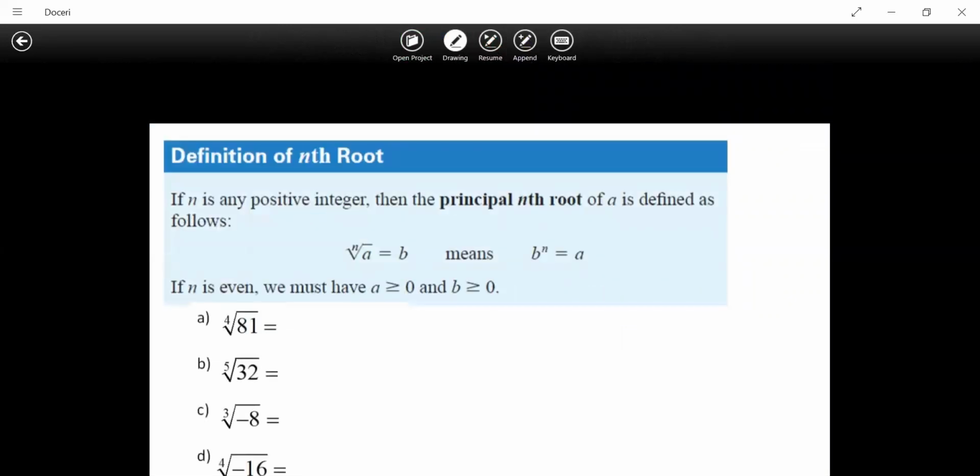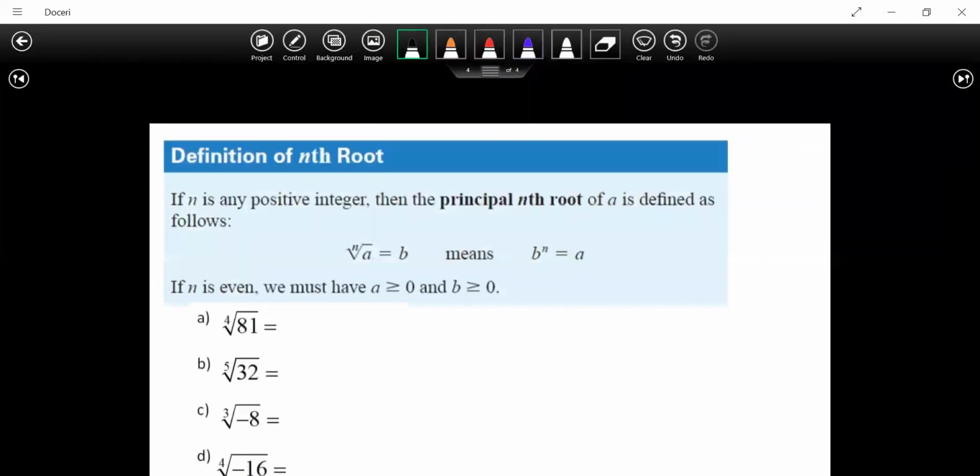With these ones, our definition of the nth root is we want to be able to find a value which will give us our solutions. I always look at it as what numbers can be multiplied 4 times to give you 81.